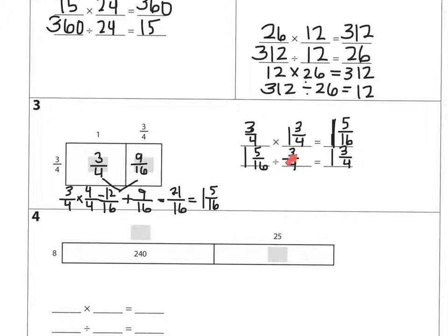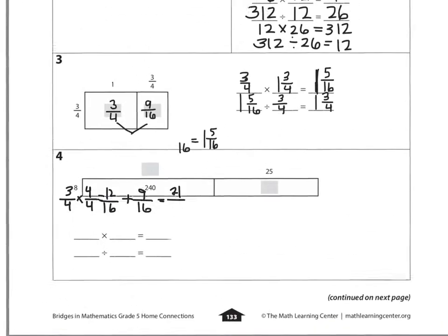So again, it's okay if you put right here 1 and 3/4, and then you put 3/4 here. It doesn't matter the order here. You can put 1 3/4 on this side and then 3/4, and that equals 1 5/16. The order there doesn't necessarily matter. Let's move on to number 4.